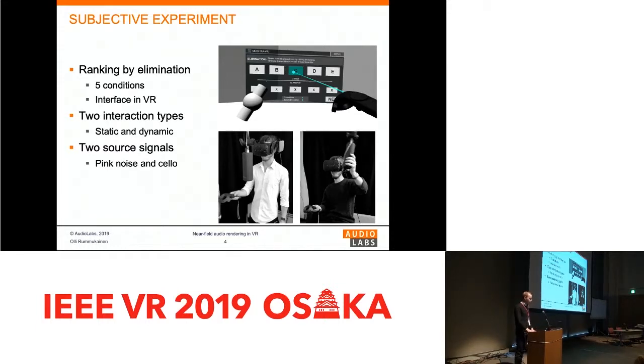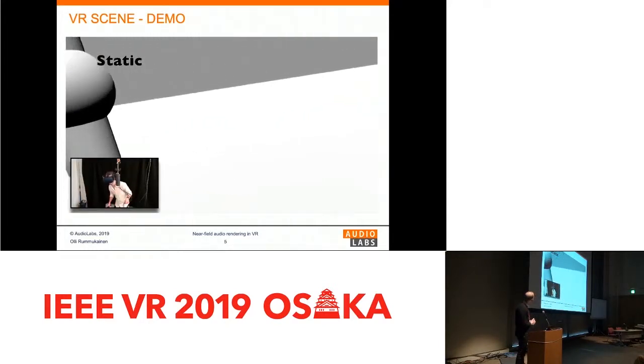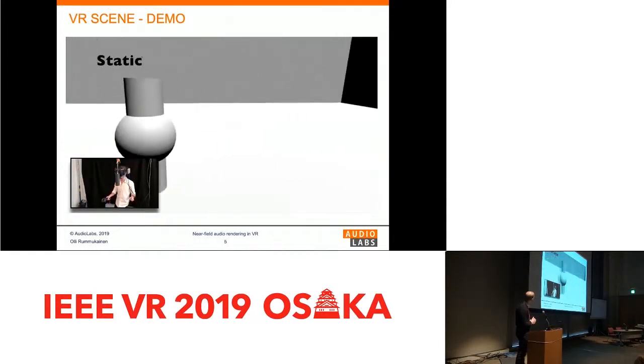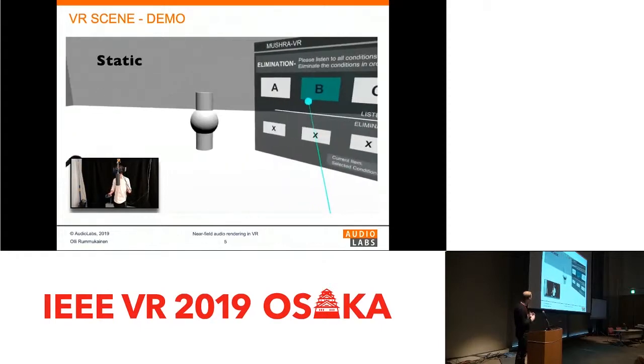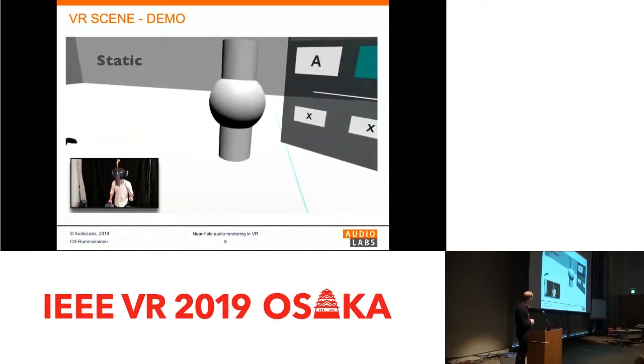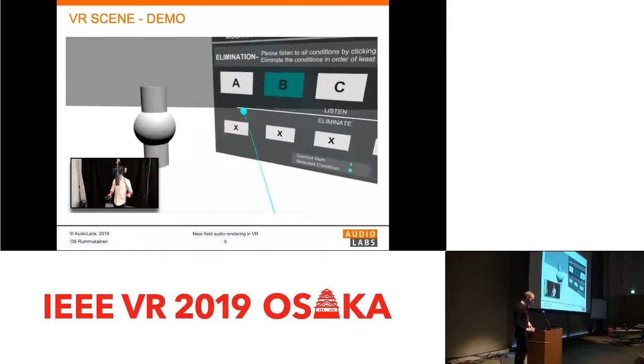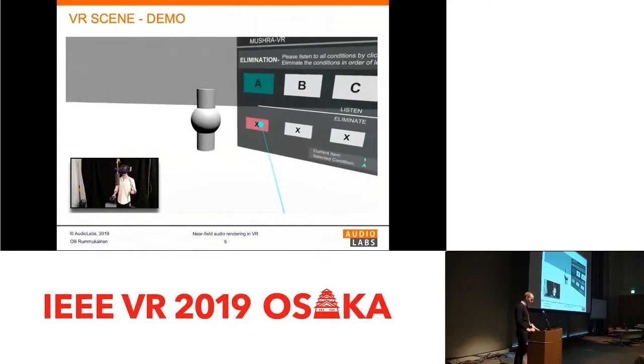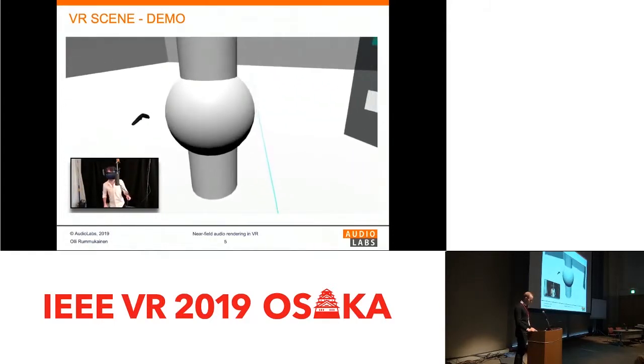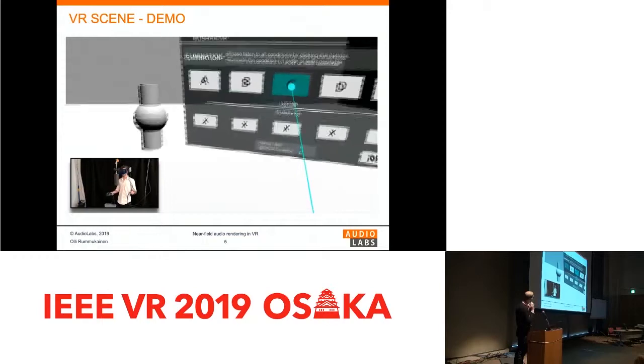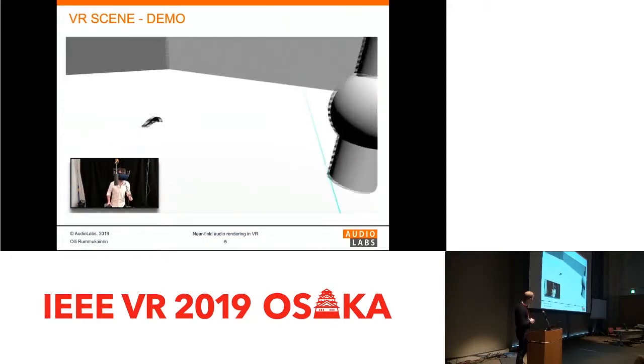Next, I'll show you a short video of how it looked, and I'll walk you through it. So this is the static case. You can see that the loudspeaker is hanging there, and this participant is moving around it and trying to find differences between the 5 renderings. You can notice the headphones, so they were the AKG K1000, so they are open design.